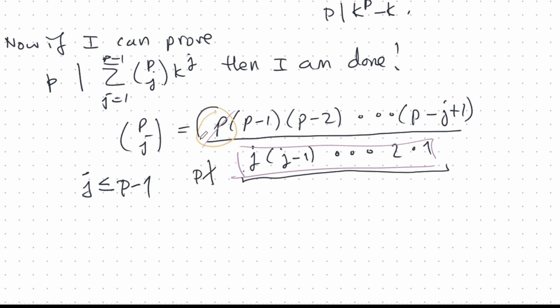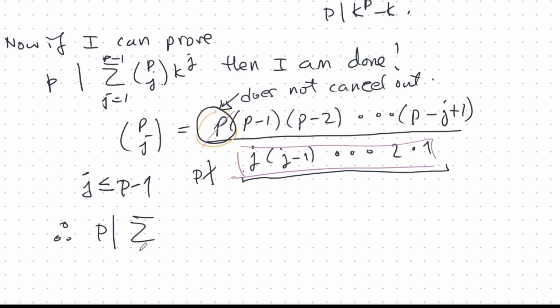And so therefore, this does not cancel out. And so therefore, this is true. Therefore, p divides the sum j is 1 to p minus 1 of (p choose j) k^j, and I'm done. So therefore, P(k+1) is true.